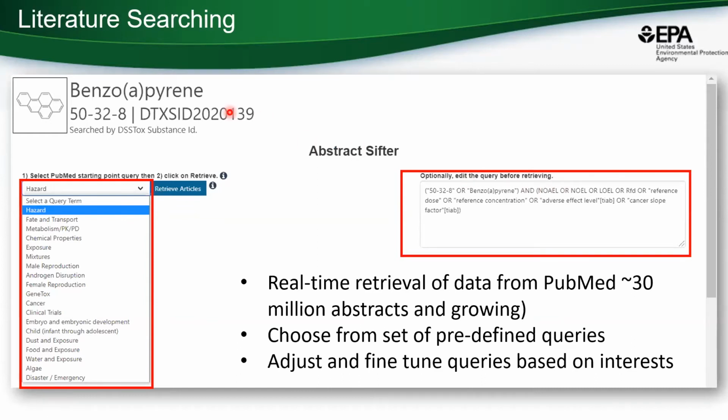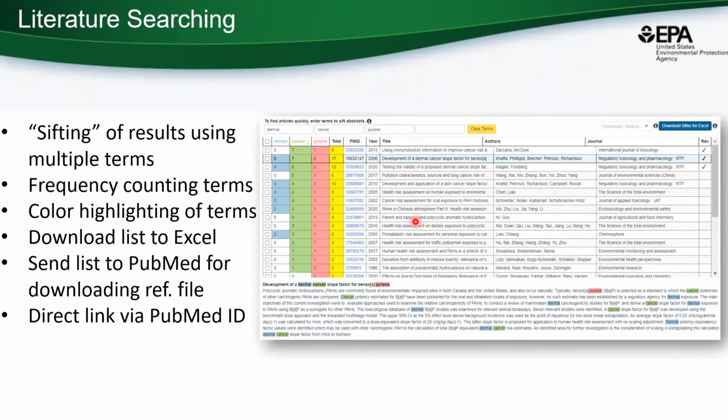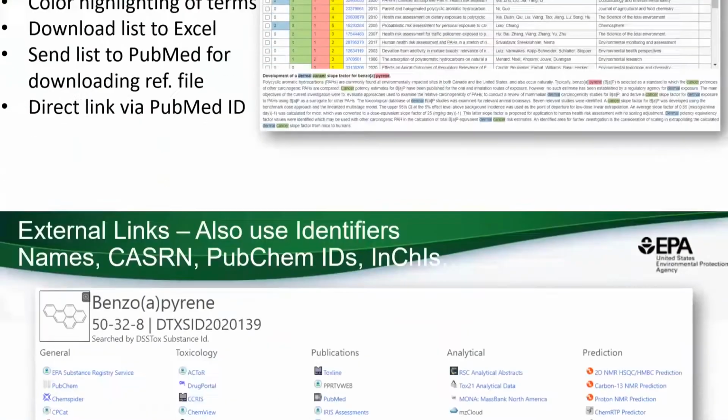So what we've done here is we're saying for benzopyrene with this CAS number, push the CAS name and run me a query based on hazard data. So it appends this particular query that comes from a database. It will hit PubMed in real time, hits 30 million abstracts, and pulls back the data for us to review. This filtered and reviewed, we'll show some of this later on.